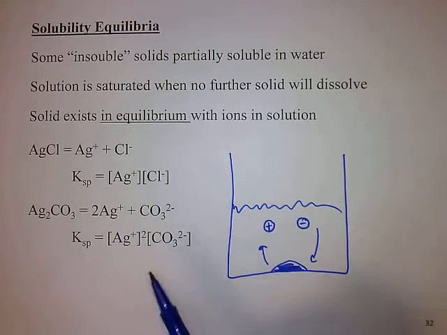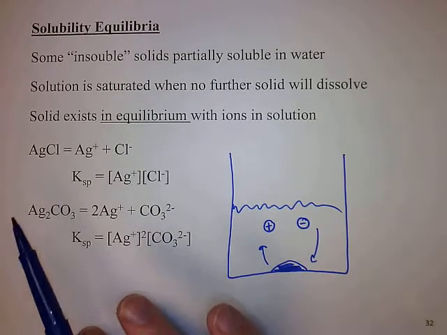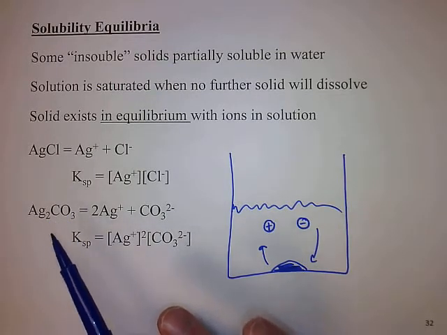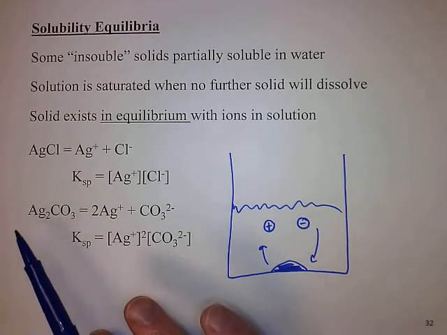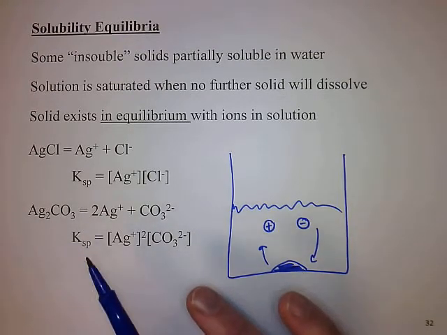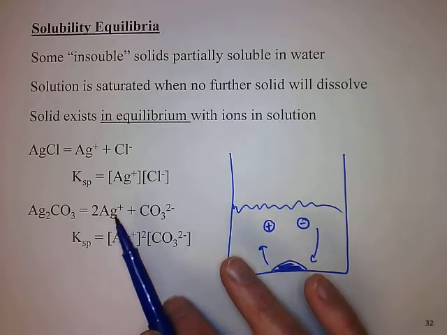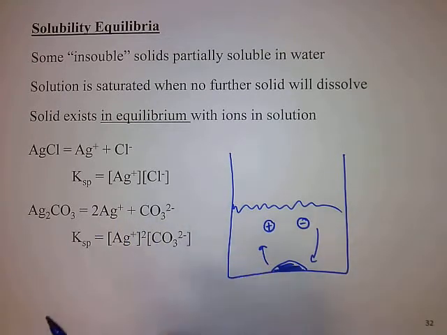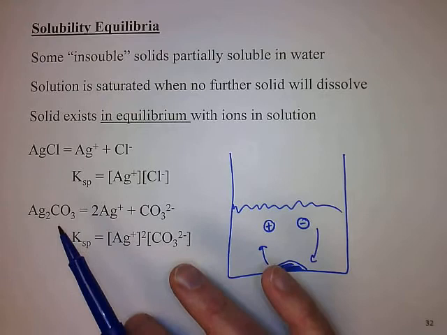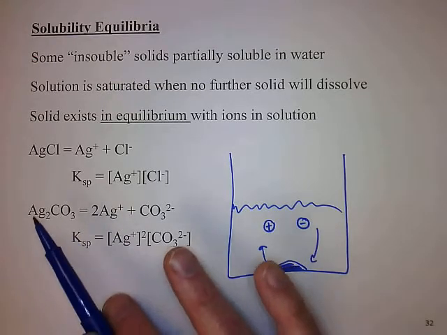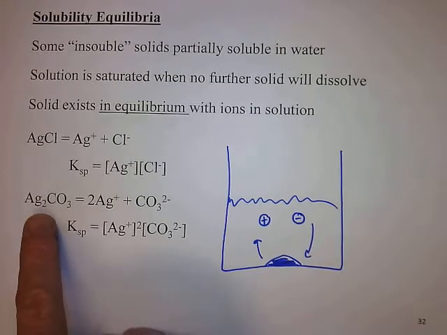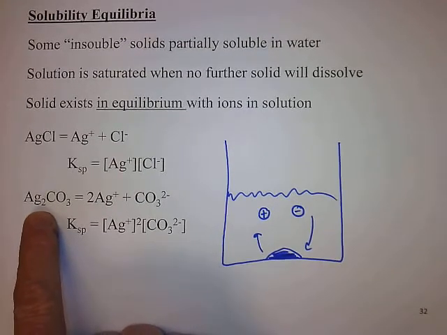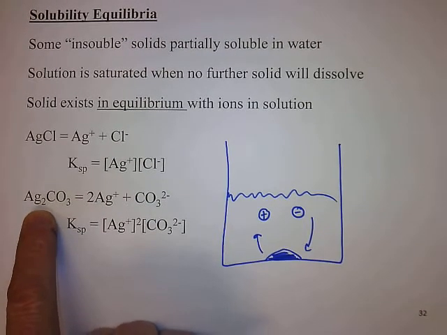Okay. Let's look at another example here, silver carbonate. Now, the only difference is that the silver carbonate dissociates into 2 silver ions and 1 carbonate, right? Because carbonate's a 2 minus ion, silver is a plus 1. So in your formula, you have to have 2 silver ions to balance the charge on the carbonate.